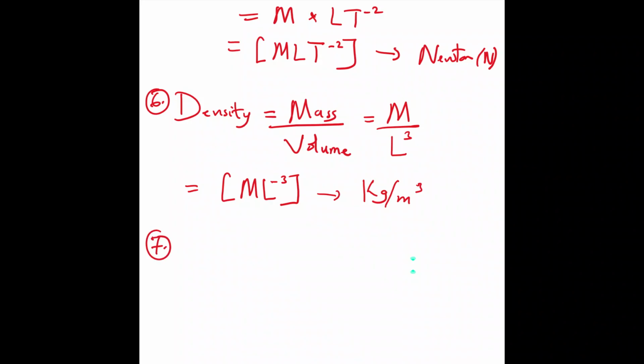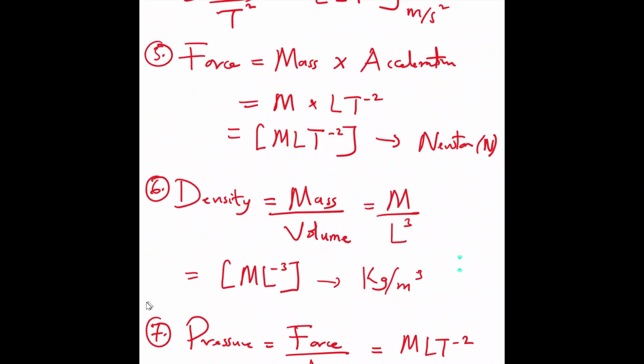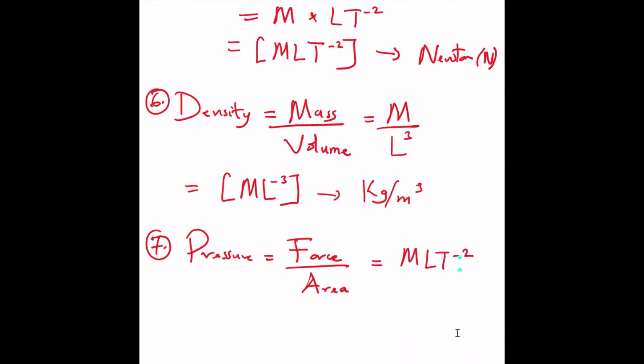So the last one I want to talk about, there are still more derived quantities. I'm going to talk about the rest in the other video, but the last one I want to talk about is pressure. So pressure, the formula for pressure is force over area. Okay, and the derived quantity we got for force is MLT raised to power minus 2. Yeah, that's it right there, MLT raised to power minus 2.